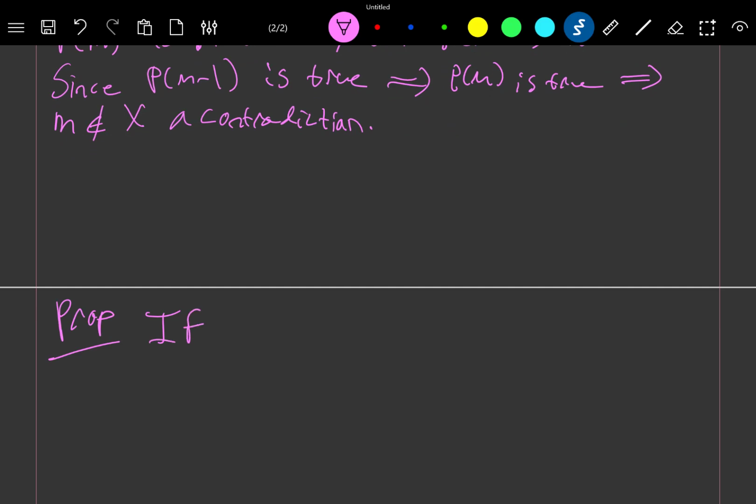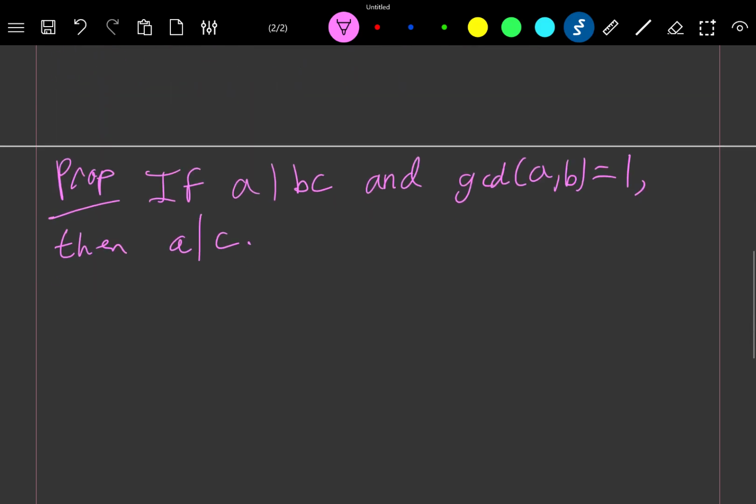If we have an element A that divides a product B times C, and the GCD of A and B is equal to 1, then A is going to divide C. So how can we prove this? We can use the extended Euclidean algorithm.